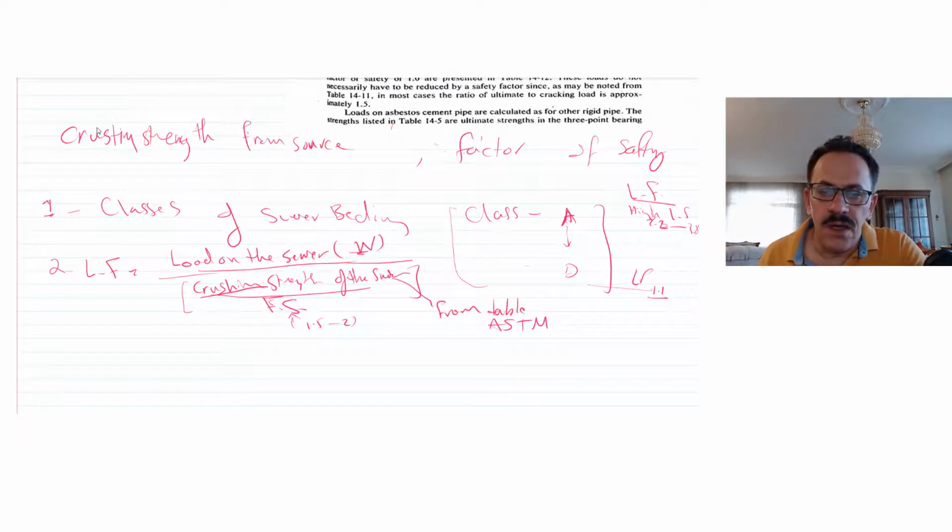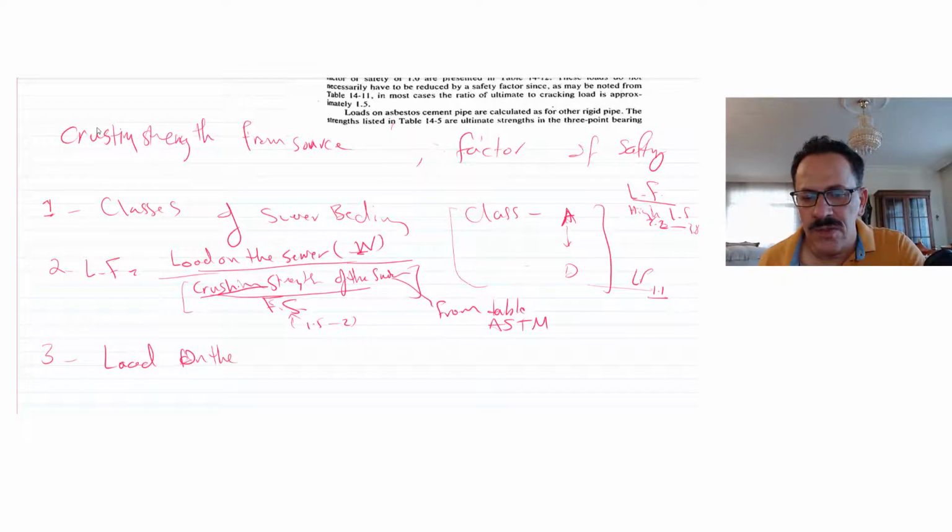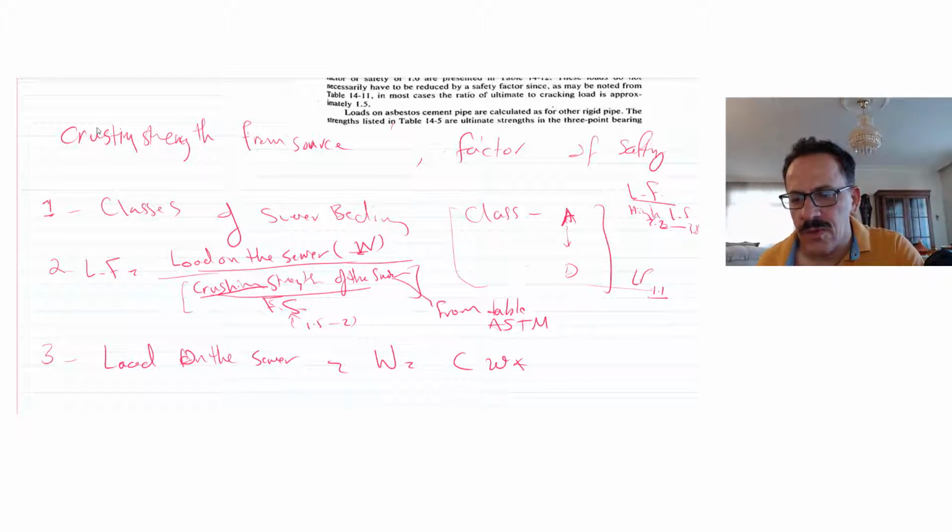Now, how to calculate this W, which is the load on the sewer? W will equal C times density times B square. Here the w is the rho, or density, of the filling on the sewer.